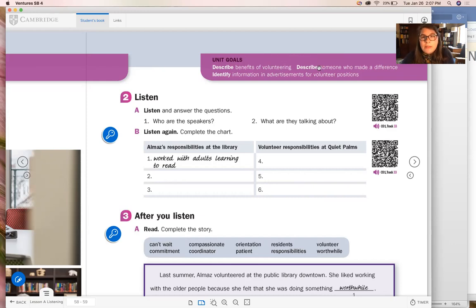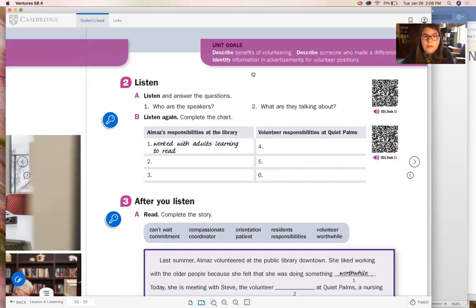Later in other lessons, we're going to practice describing someone who made a difference, maybe someone who impressed you or helped you in your life. And then also identify information in advertisements for volunteer positions. Look for a volunteer job, basically, okay?